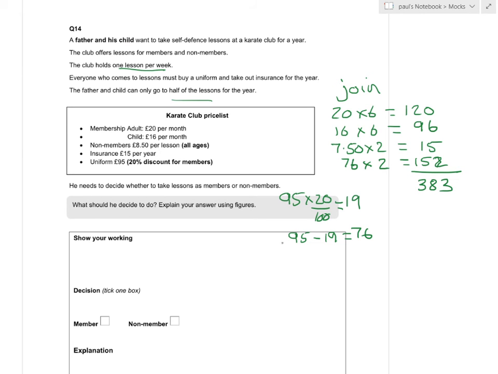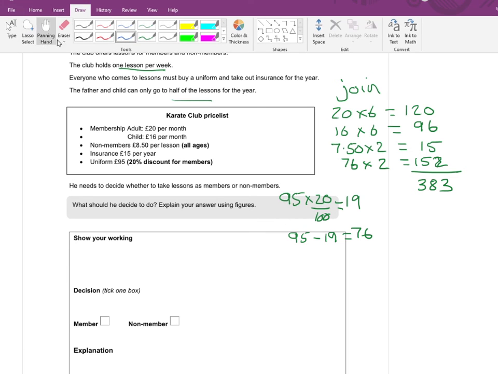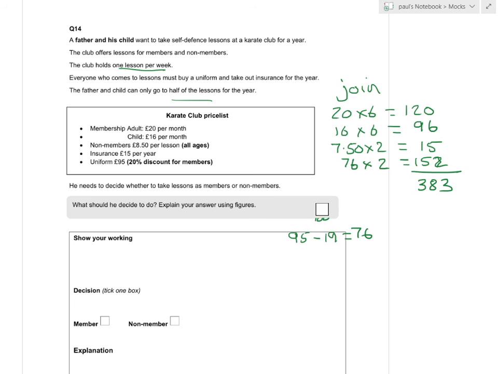What if they don't want to join? Let's wipe that bit out there. So if they don't want to join, they've got to pay £8.50 a lesson. So it's £8.50 times 2, because there's 2 of them, a lesson, and it's 1 lesson a week.